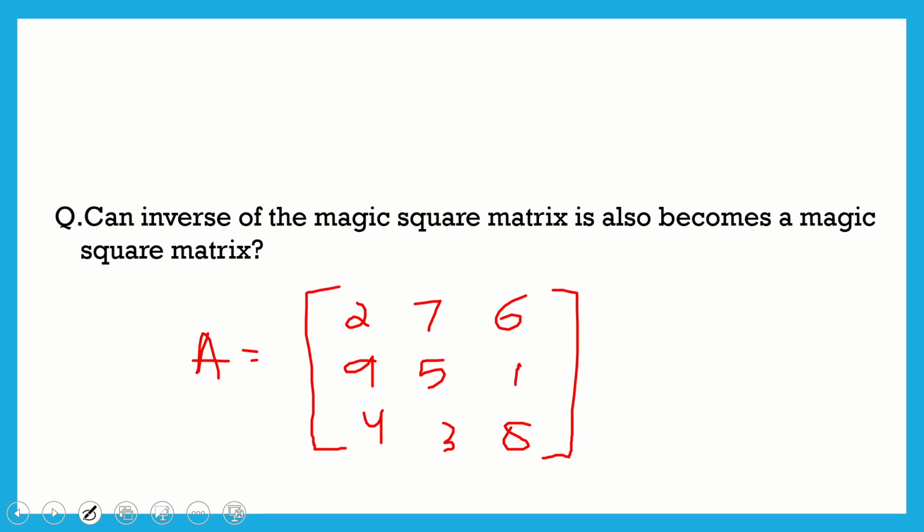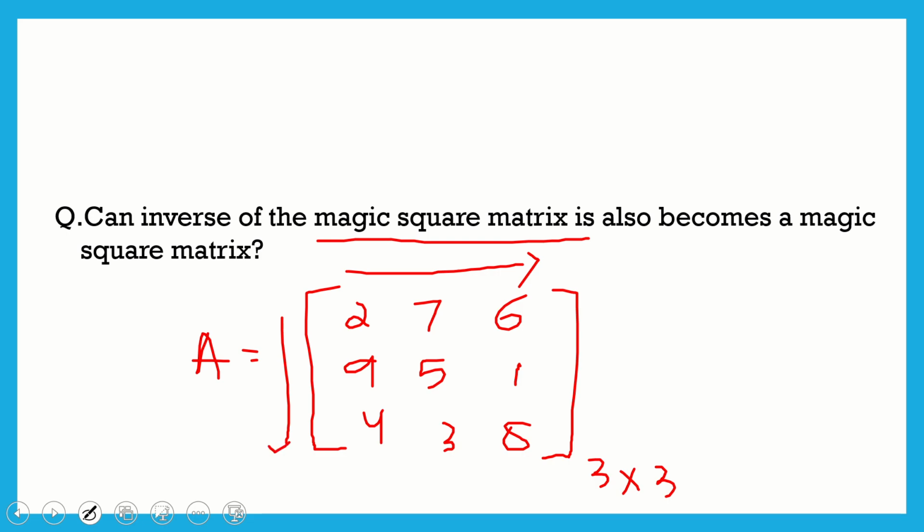So let us understand once again what a magic square matrix is saying. Then we will go to the main problem for which this session is being conducted. So it is a square matrix, right? A is a square matrix of order 3 by 3. From the row side there are 3 elements, from the column side also 3 elements.